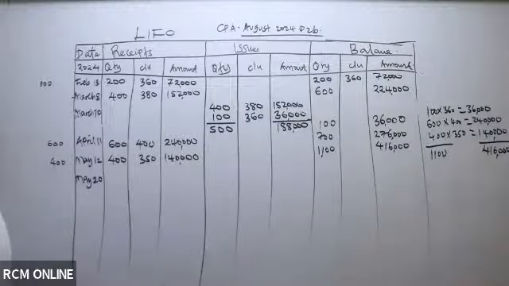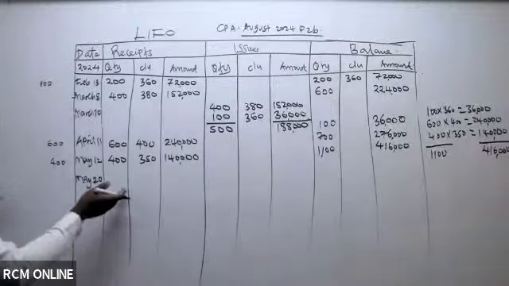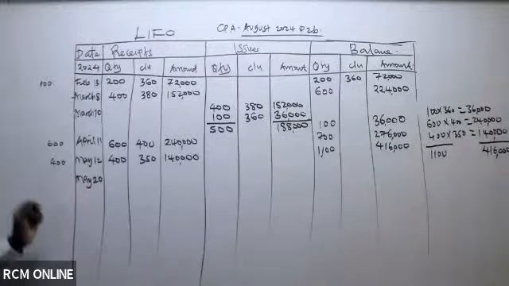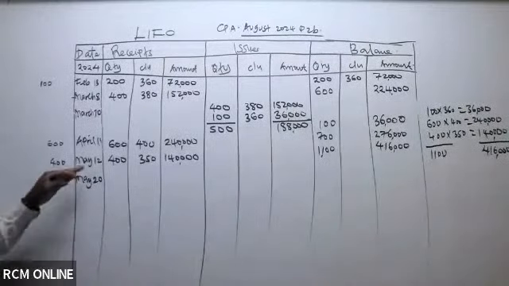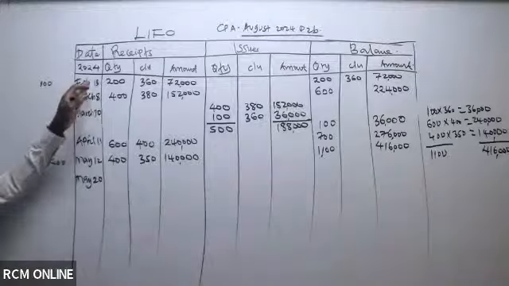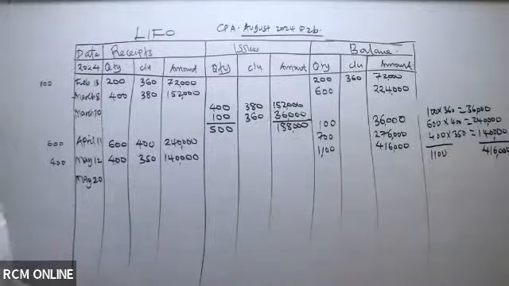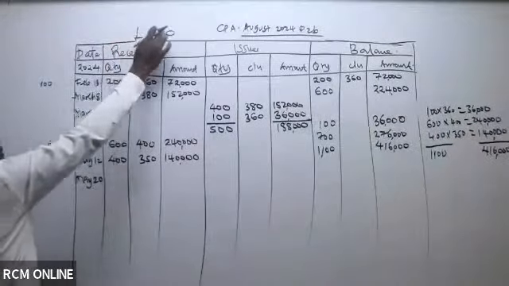We are using which method? LIFO, last in, first out. So if I have to deliver the 600 units, which one will I start with? Mention the date. Will I start with May 12th or February or 13th of February? I will start with May 12th because I'm using last in, first out.